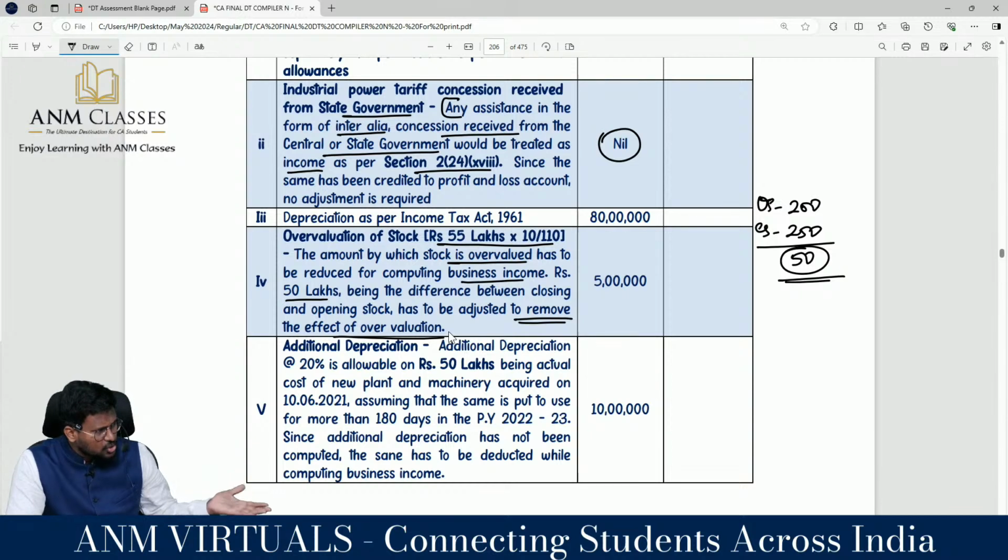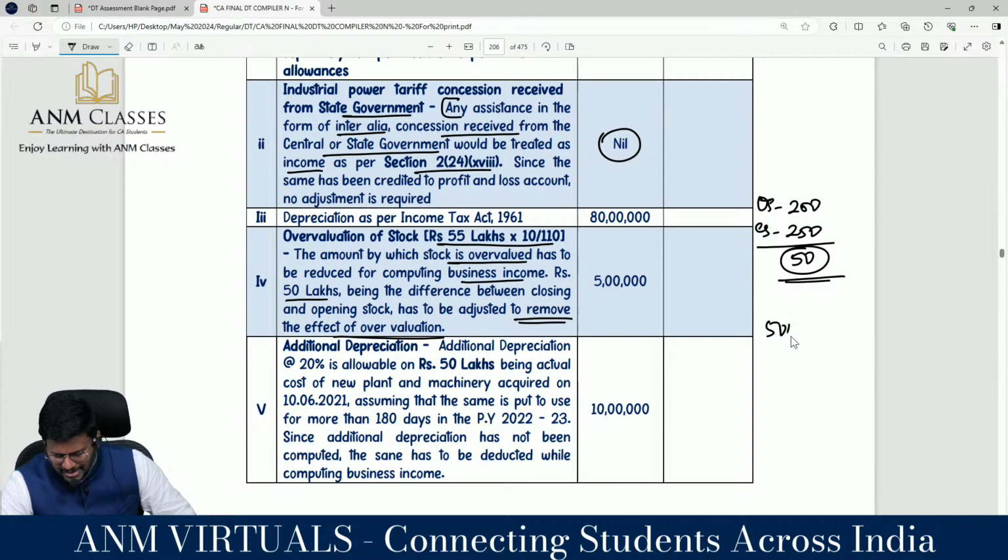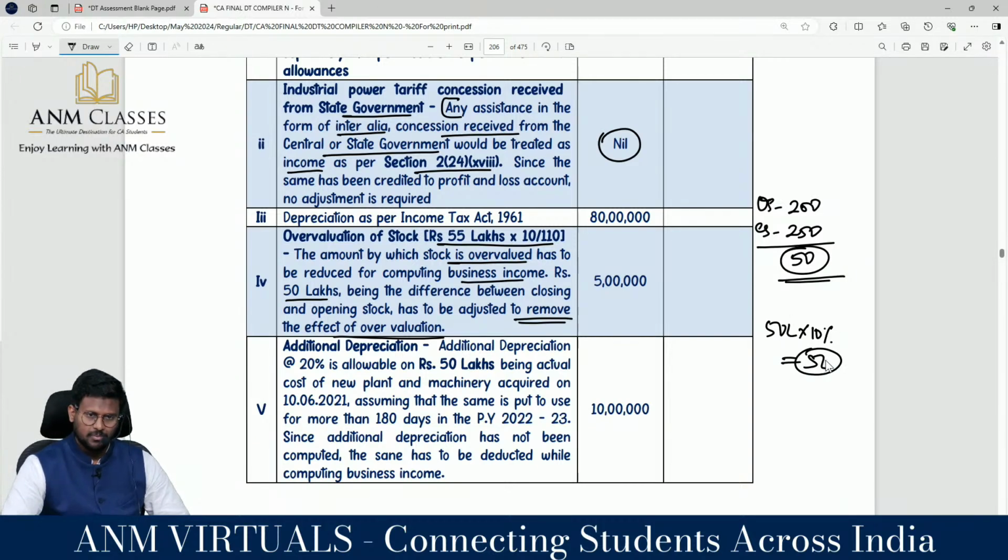அப்ப closing stock அதிகமானதுனால profit என்ன இருக்கும்? அதிகமாக வேண்டிய அவசியம் இல்லை. You have to reduce it. Sir, how to find out that, sir? 50 lakhs into 10% போட்டா எவ்வளவு lakh? 5 lakh. 55 lakhs போட்டிருக்காங்க. ஏன்? 50 lakhs into எத்தனை percent?